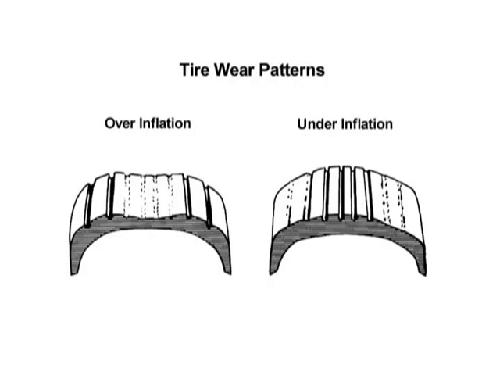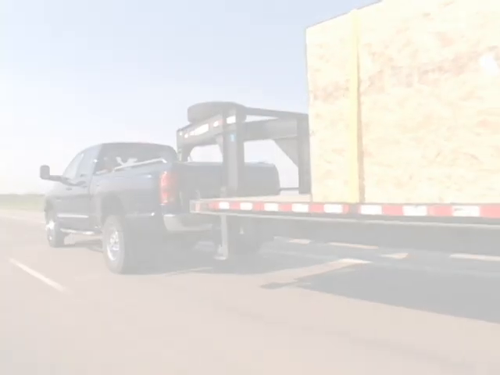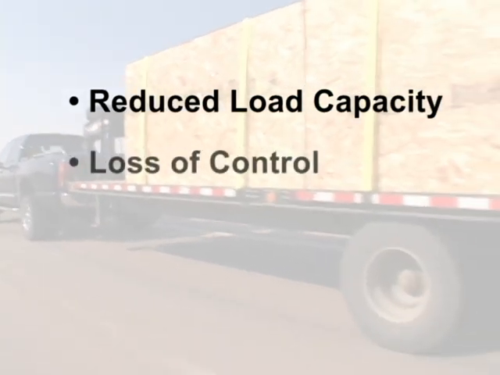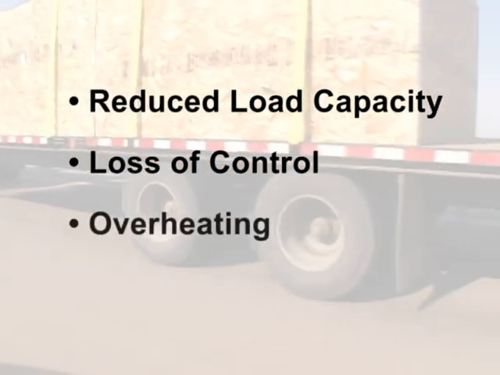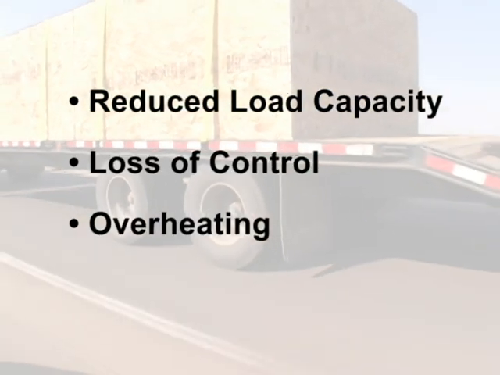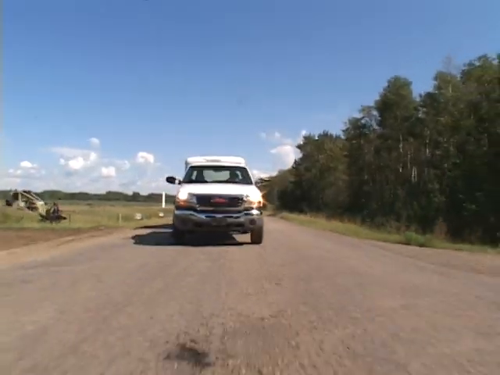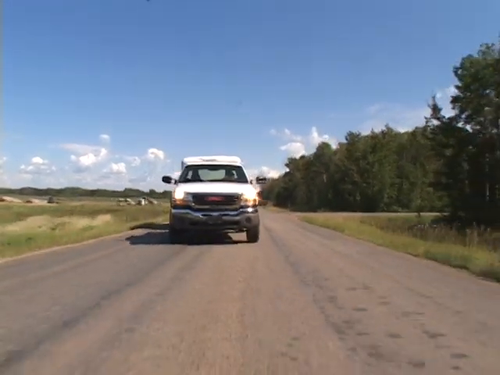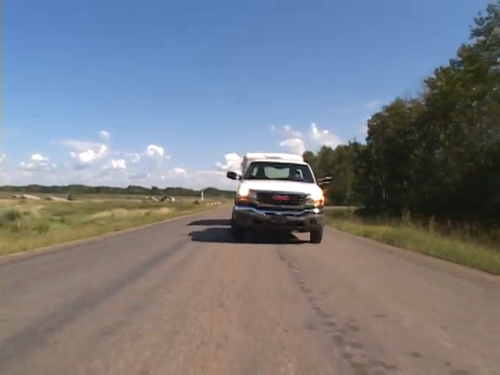Overinflation or underinflation greatly affects the handling characteristics of both the trailer and the tow vehicle by reducing the load carrying capacity of your tow vehicle and trailer, creating control problems, or overheating leading to tire failure. Uneven inflation wears tires prematurely and introduces oscillation and loss of control.